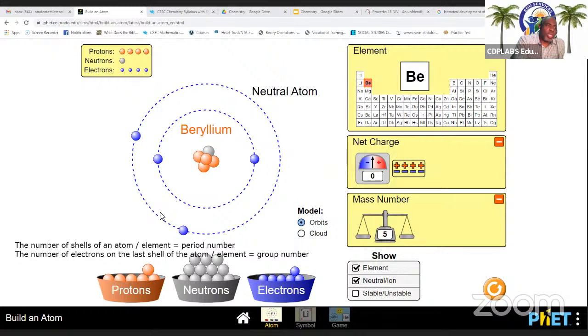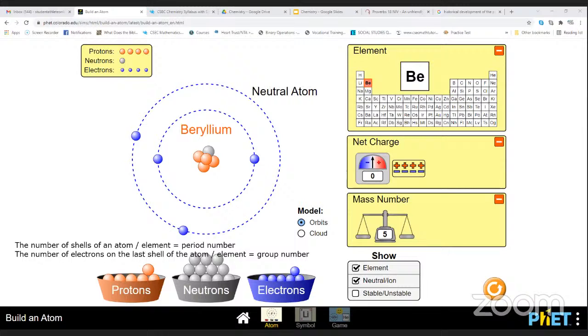So this has two shells, two circles. So it's period 2. And then there are 2 electrons on the outer shell. So its group number is 2. Got that? Good.